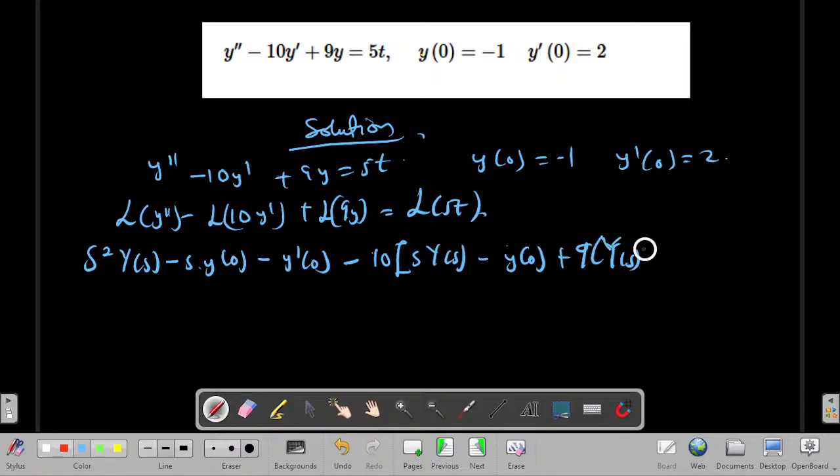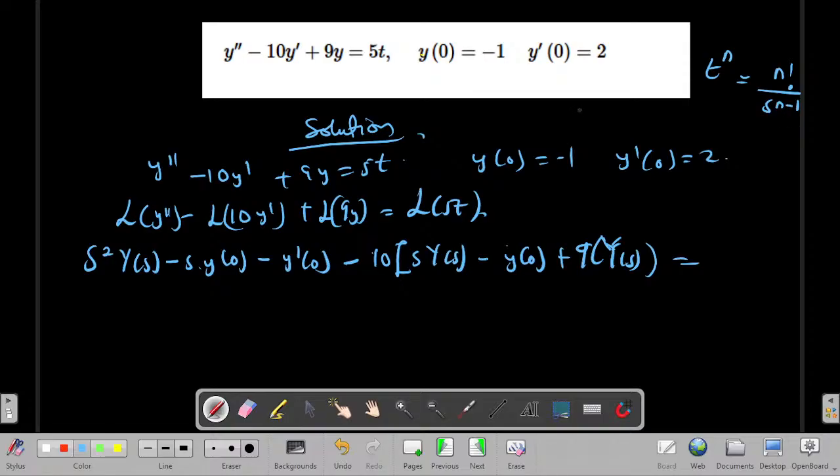Then simplify. This should be equal to the Laplace of 5t. You can go back to the Laplace table if you don't have one online. Generally, if you have any term t to the power n, where n is any positive integer, the Laplace transform is n factorial over s to the power n plus 1.